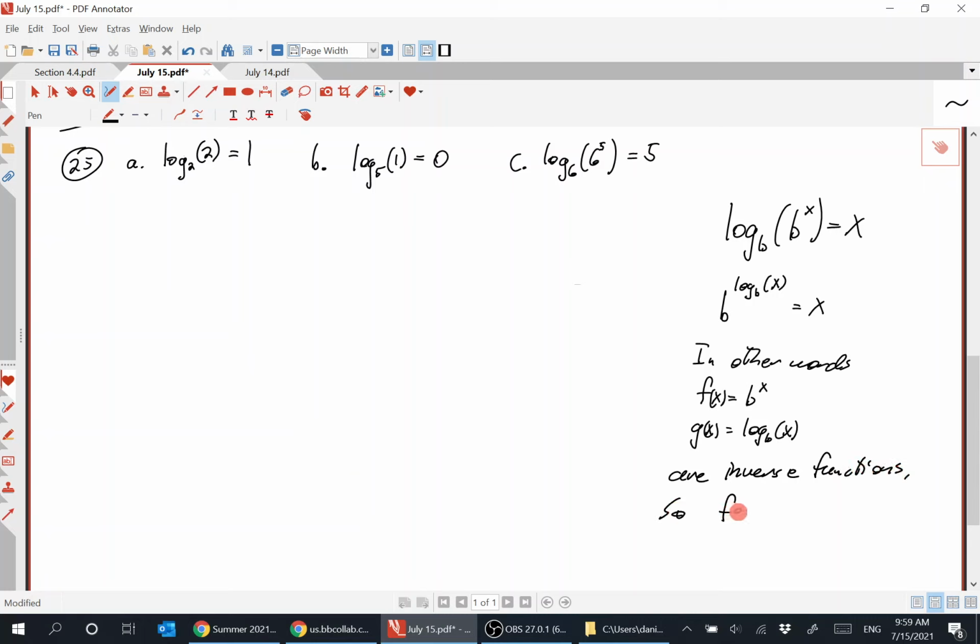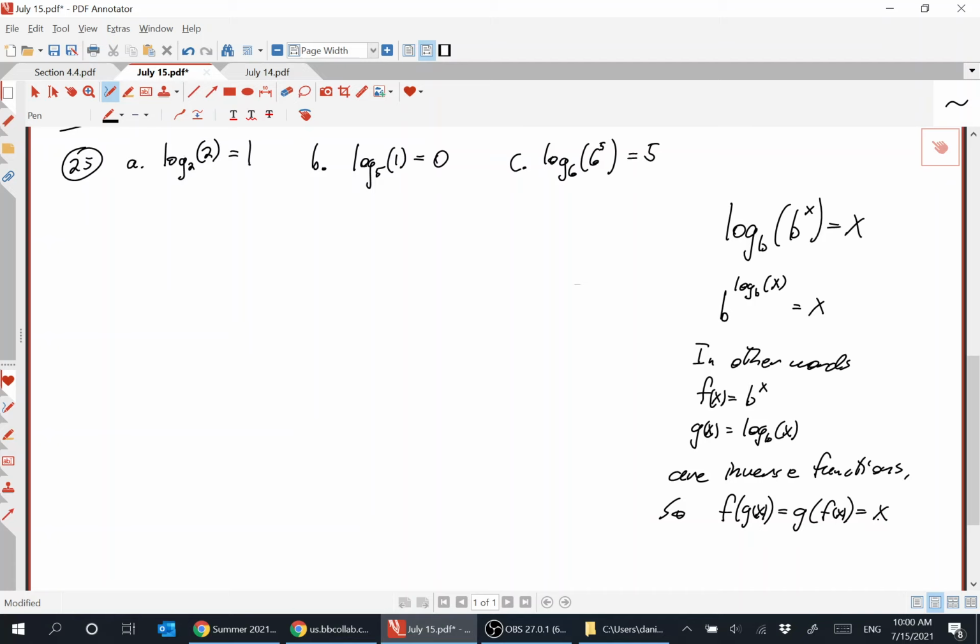So f of g of x is the same as g of f of x is equal to x, because a function composed with its inverse function is just the identity function, which is just x.